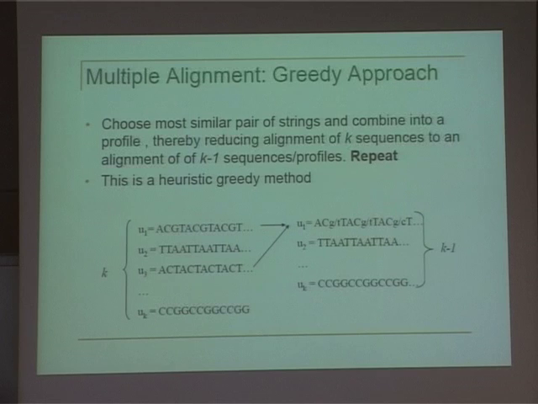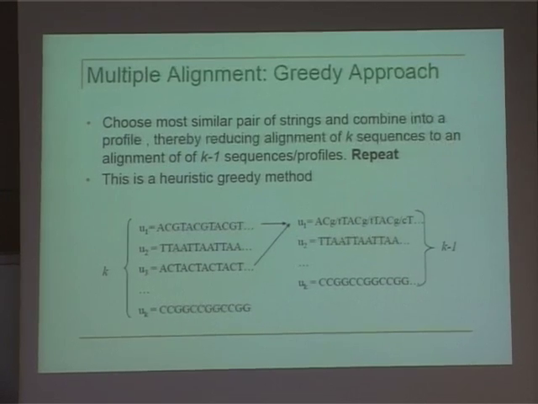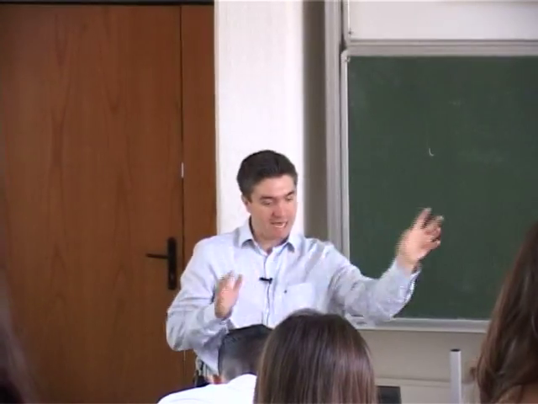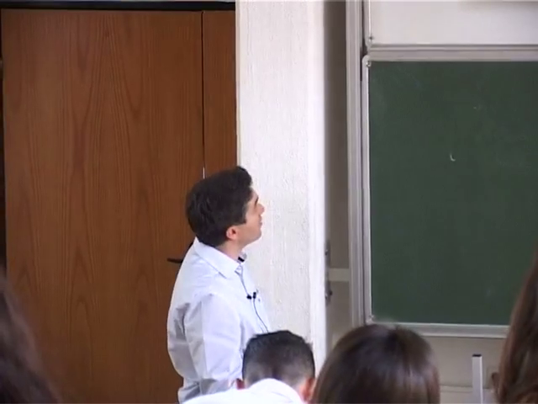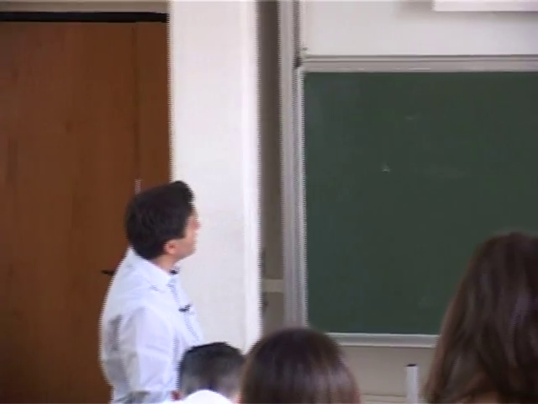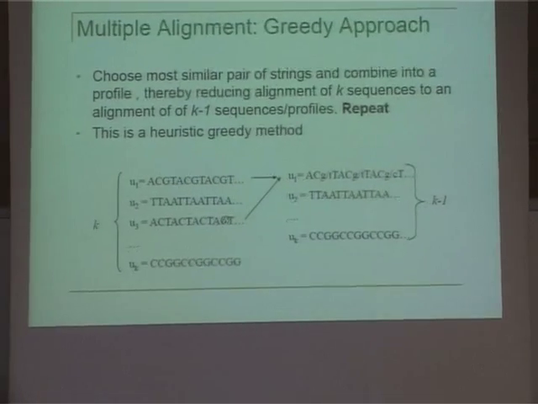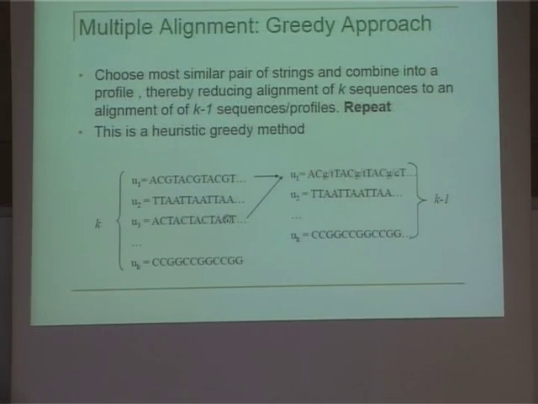Instead of amino acids at each column, we just have percentages of amino acids, but again, it's going to act like a single sequence. So with this greedy approach, starting from k sequences, by choosing the most similar pair, aligning them, removing both of them from the set and inserting their alignment into the set, we are going to have k minus 1 sequences left.